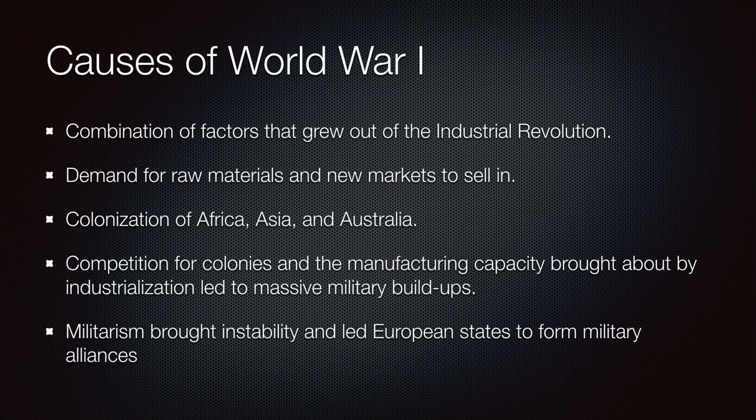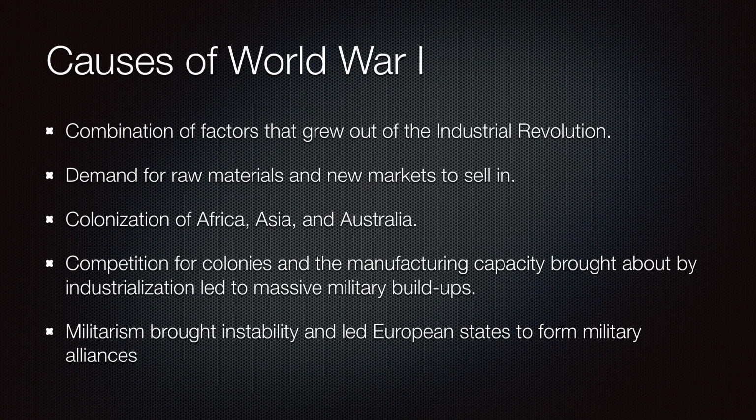Militarism in industrialized nations created an intense competition to outgun rivals through the mass production of the tools of war. Militarism brought instability, leading European states to form military alliances aimed at balancing the power among rival states and maintaining peace in Europe.